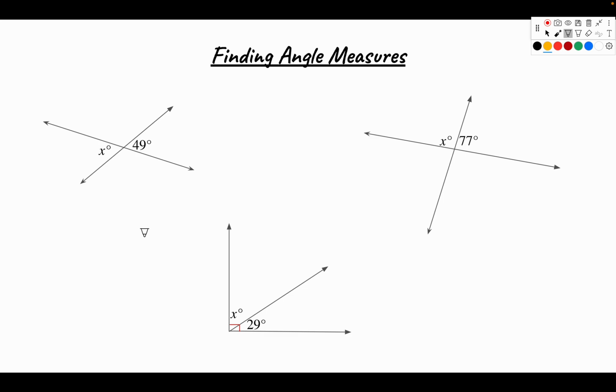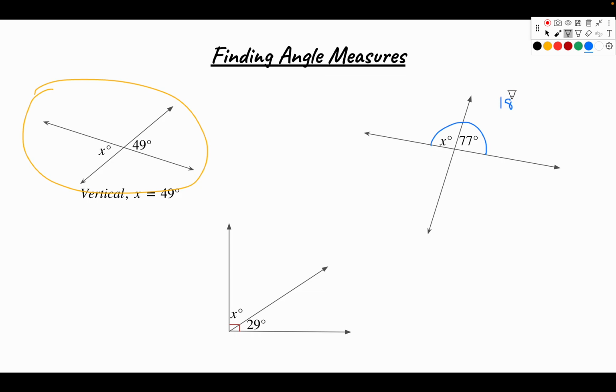If we need to find angle measures when two lines intersect, if I'm looking at this diagram, vertical angles are congruent. Angle X and this 49 degrees are vertical, which means X is 49 degrees. When we look at our second diagram, those are two lines that intersect. Those angles are next to each other, forming a linear pair, meaning they are supplementary.